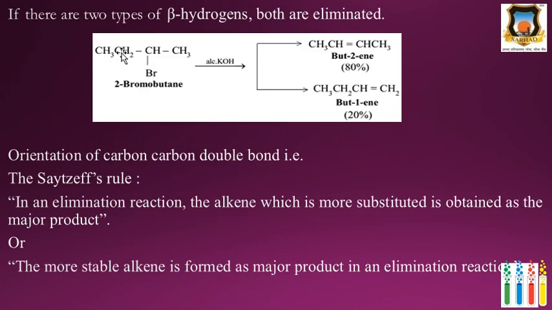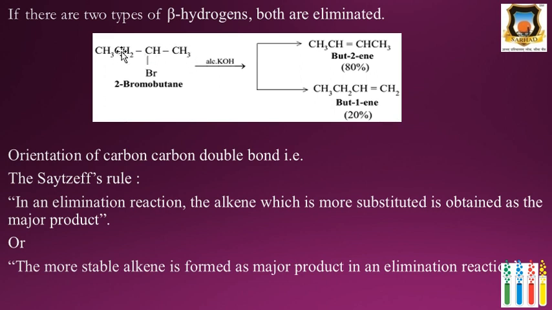But if two types of beta hydrogens are there, then both are eliminated, but the percentage of product is different, therefore two products are expected. For example, here 2-bromobutane. In 2-bromobutane, this is also beta carbon and this carbon is also beta carbon.